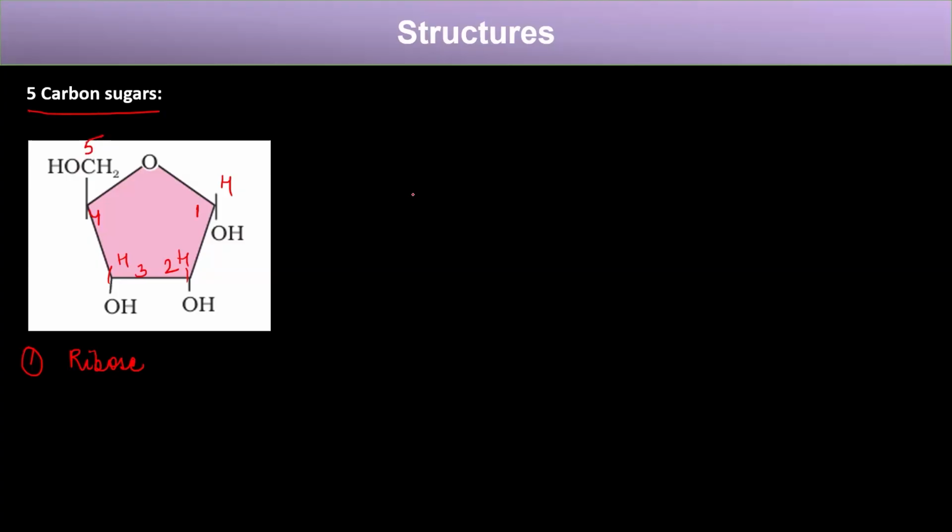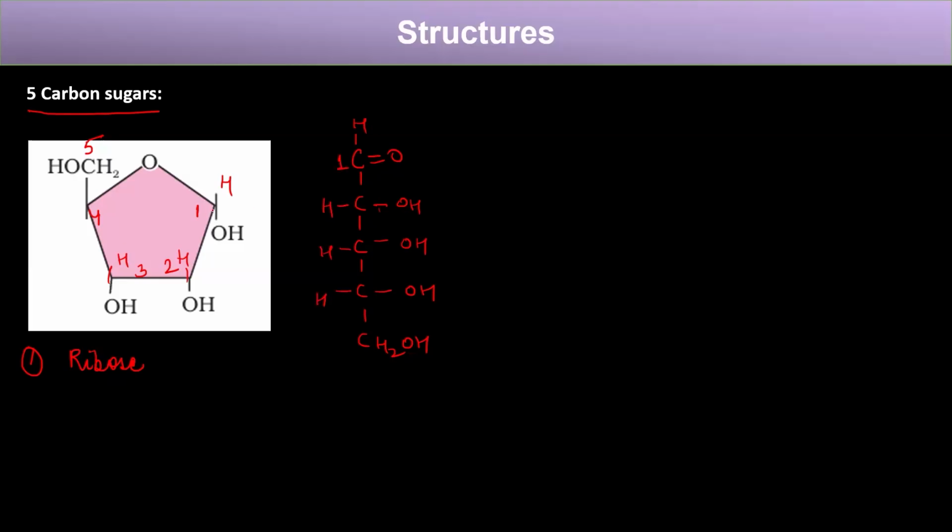And if you look at the linear structure, how will it be? The linear structure will be like this: 1, 2, 3, 4, 5, CH2OH, right? So this is the linear structure of ribose. Now, in the case of ribose, where is the carbonyl carbon? This one.